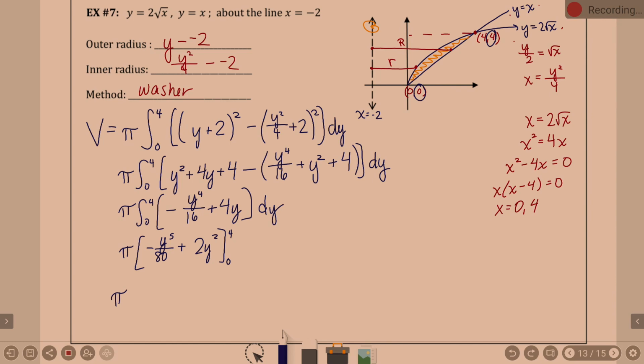I don't know why I'm doing it over 80 today instead of 1/80th, but it's good practice. I don't know 4 to the 5th. Whatever 256 times 4 is: 1,024 over 80.